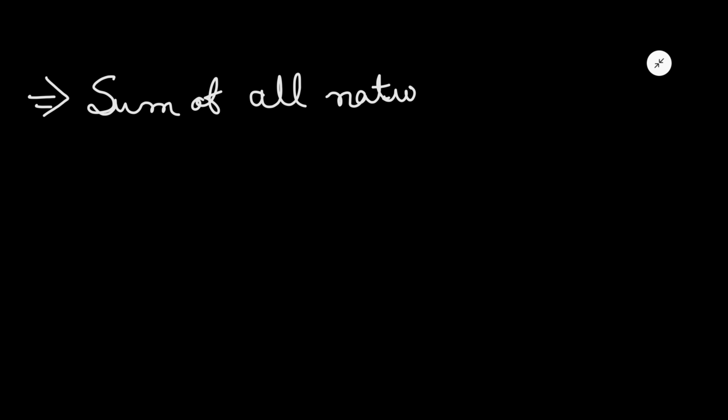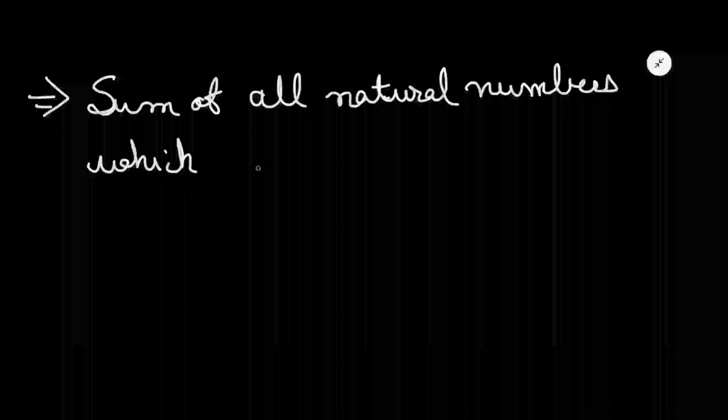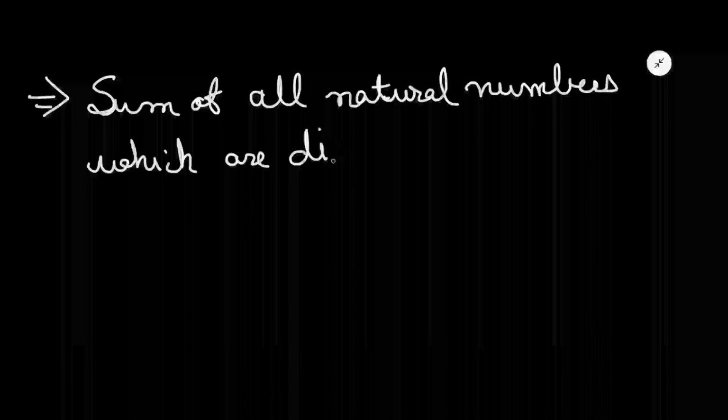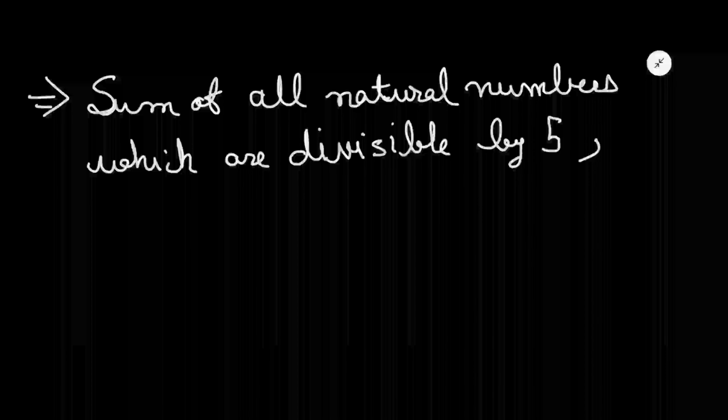Let's do one more example. We have to find the sum of all natural numbers which are divisible by 5 but less than 100.